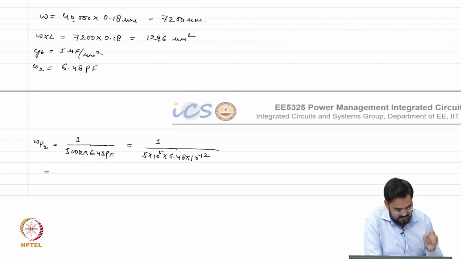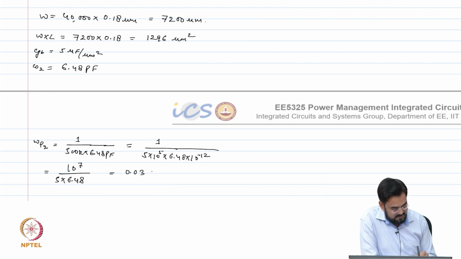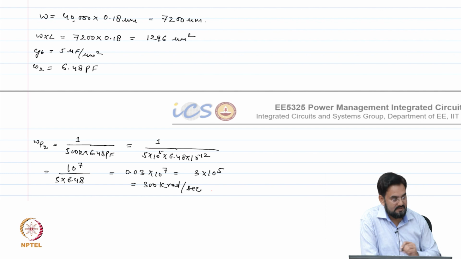So how much is that? 10 to the power 7, and you can approximate 5 into 6.48, which is roughly 0.03 into 10 to the power 7, which is 0.3 into 10 to the power 6. So 3 into 10 to the power 5, which is 300 kiloradian per second.